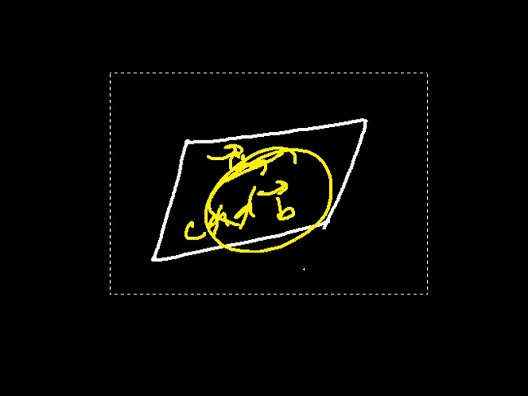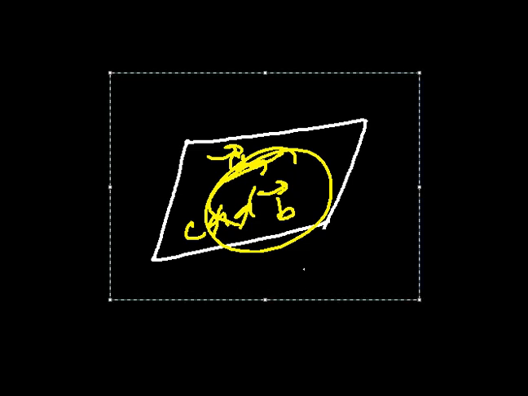So vectors are said to be coplanar if they are on the same plane.